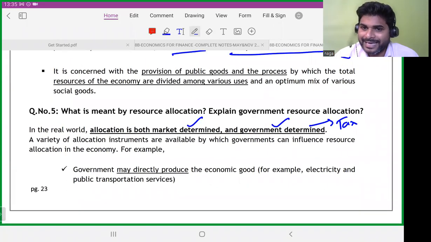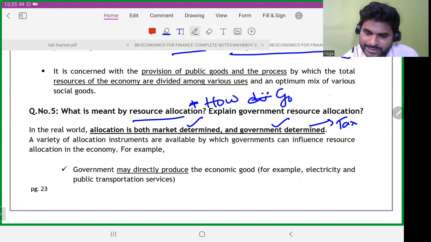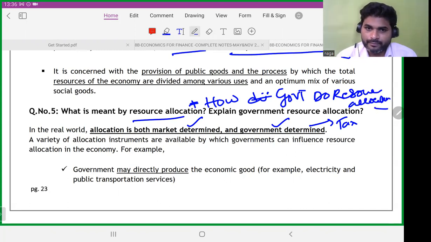The question here is how government does resource allocation, right? In the real world, allocation is both market determined and government determined.